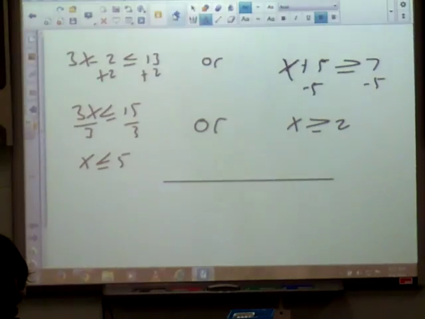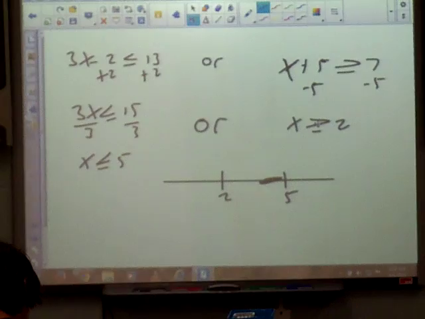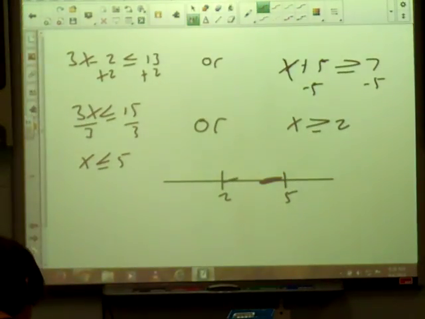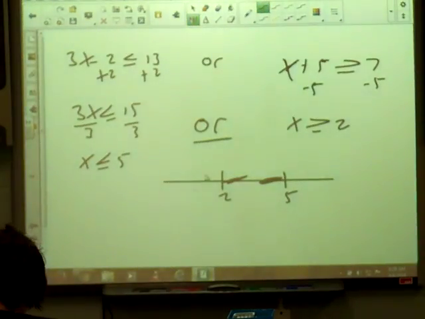Alright, so we got 2 would be to the right of 5. x is less than or equal to 5, so less than's coming this way. Greater than or equal to 2, so greater than's going that way. Now, if this had been an and, that'd be it. We'd shade that in between part. But since it's an or, do I have to stop at these numbers?